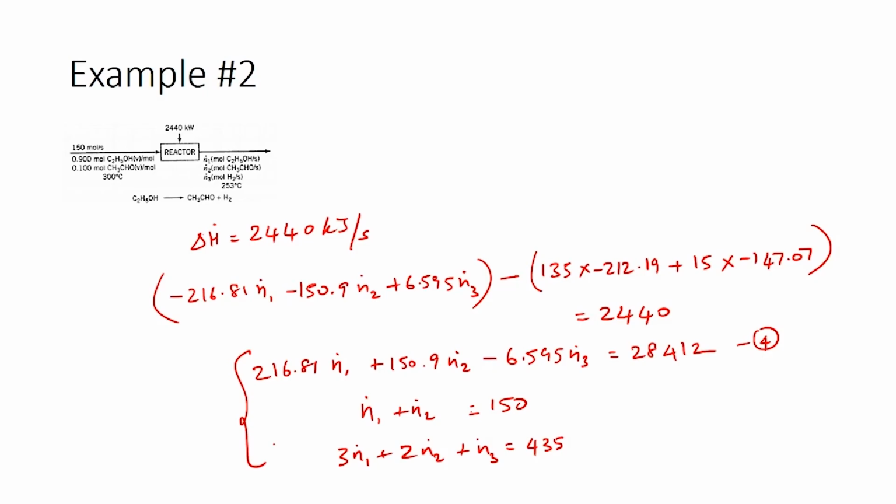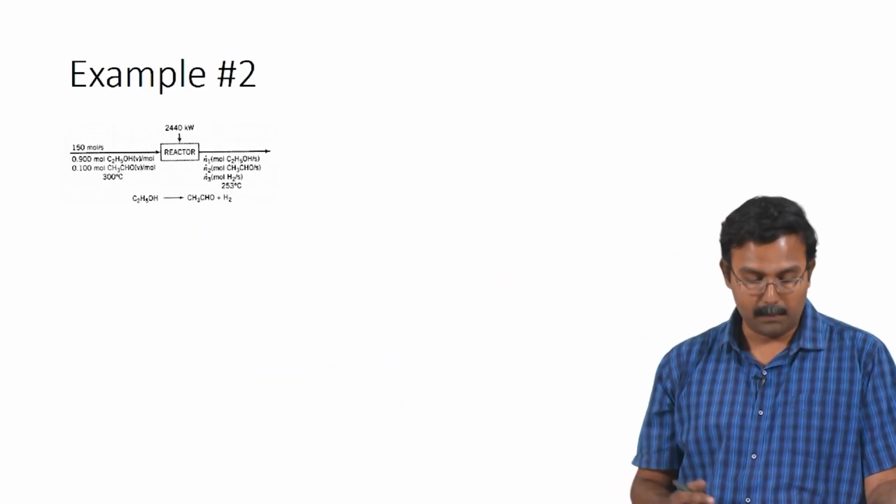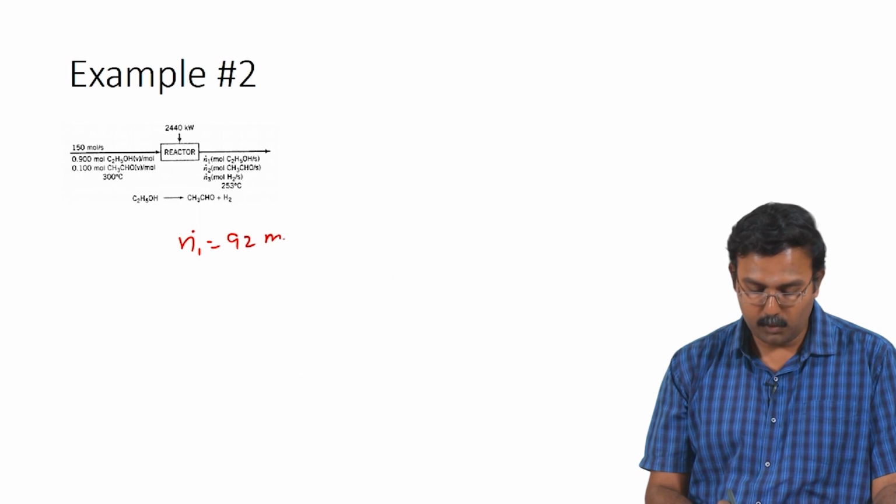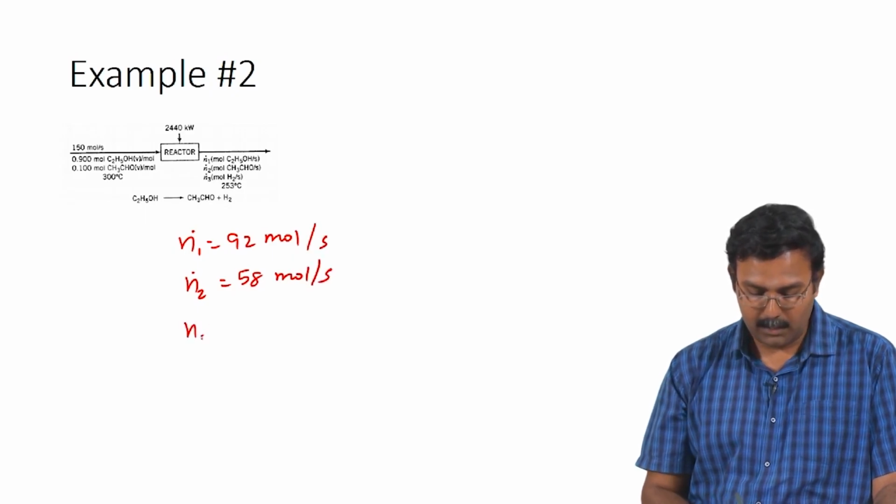Once we know these values, we can calculate the conversion of ethanol. Solving these equations simultaneously, we would get N1 dot equals 92 moles per second, N2 dot equals 58 moles per second, and N3 dot equals 43 moles per second.